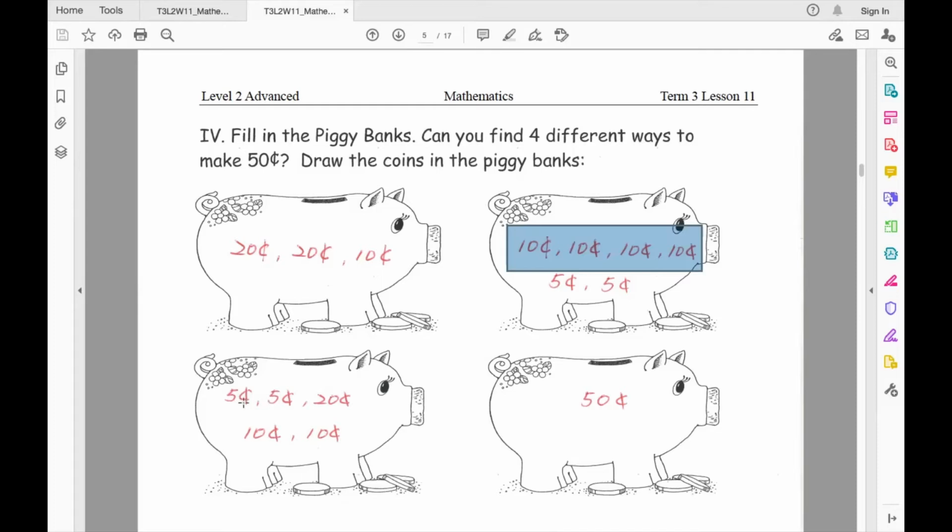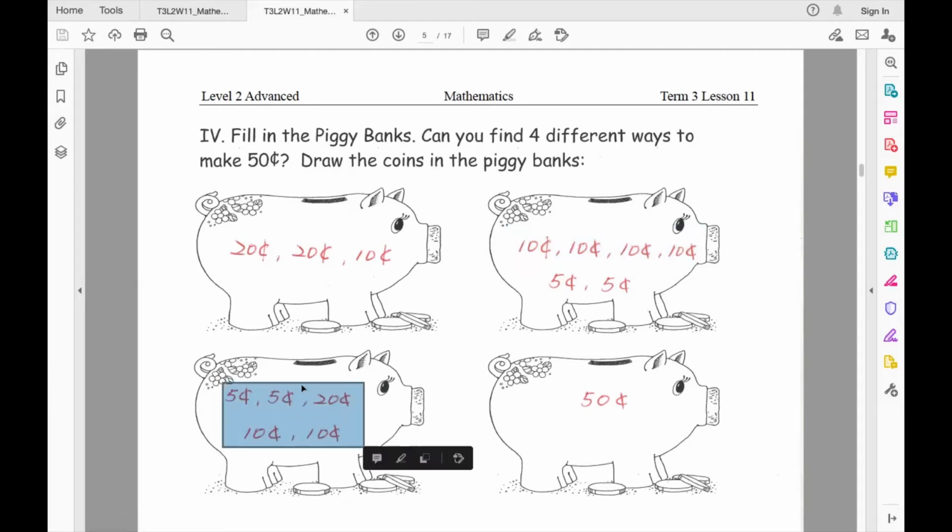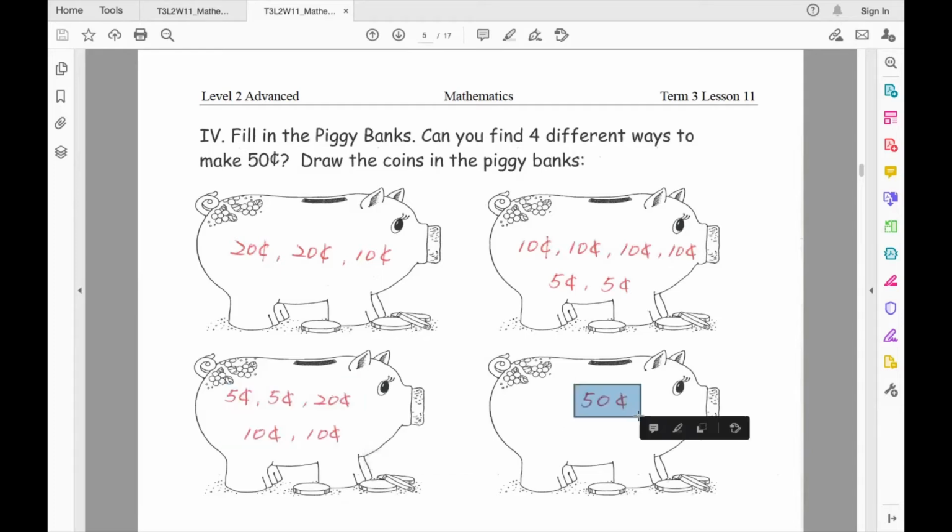Another way is 5 cents plus 5 cents plus 20 cents plus 10 cents plus 10 cents, that adds up to 50 cents as well. And another way is just adding a 50 cent coin in that piggy bank. There are some other ways that aren't here, so there's more than just these 4 ways that you could have gotten your answer. We'll double check that when you submit your homework.